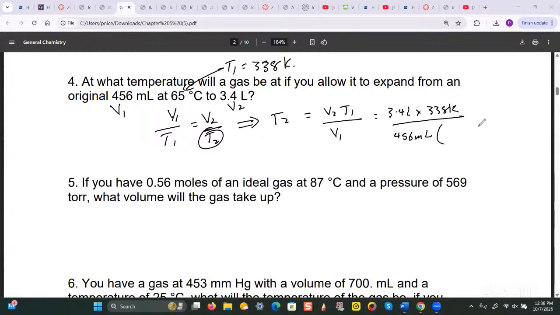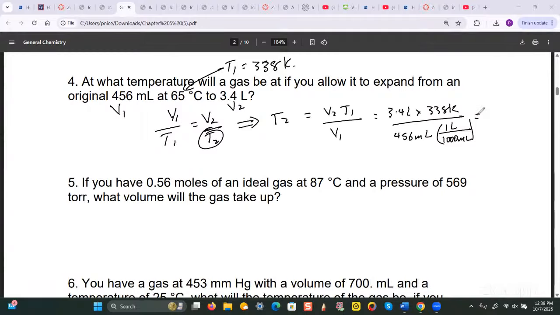It doesn't really matter. So what I'm going to do is convert milliliters to liters. Down here, I'm going to put 1000 mL, and up here, I'm going to put 1 liter. That's the setup, so it would be 3.4 times 338, and then divide that by 456, divided by 1000.